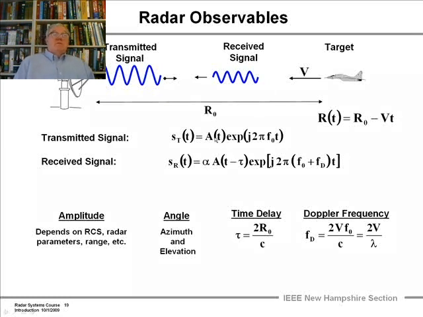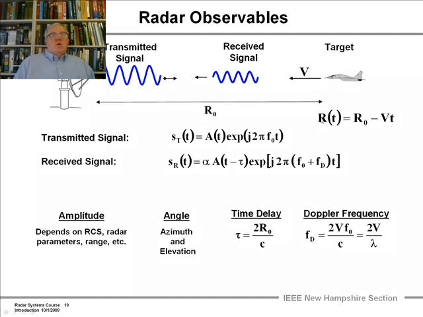And then what do we receive? Well, we don't receive the full signal back. It's attenuated. It's delayed in time because it takes time to go out and back. The delay time is tau, so you have to subtract that off. And then the frequency of this signal we transmitted has changed. That is due to a principle called the Doppler effect.